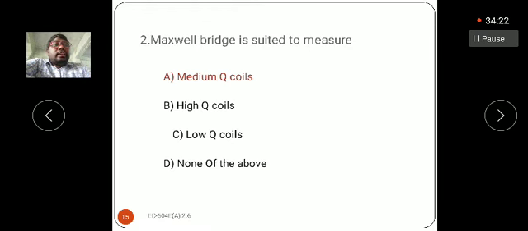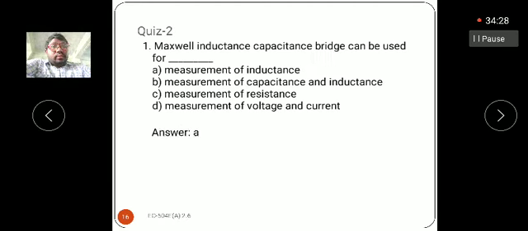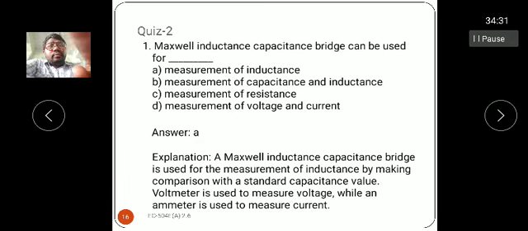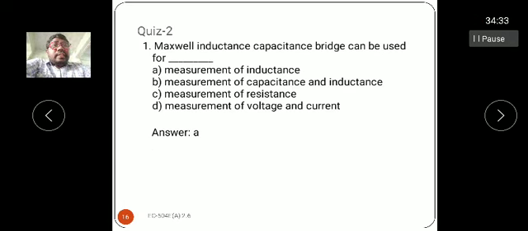Actually, our answer is high quality factor coils and also medium quality coils. And the Maxwell's inductance capacitance bridge can be used for measurement of the inductance.